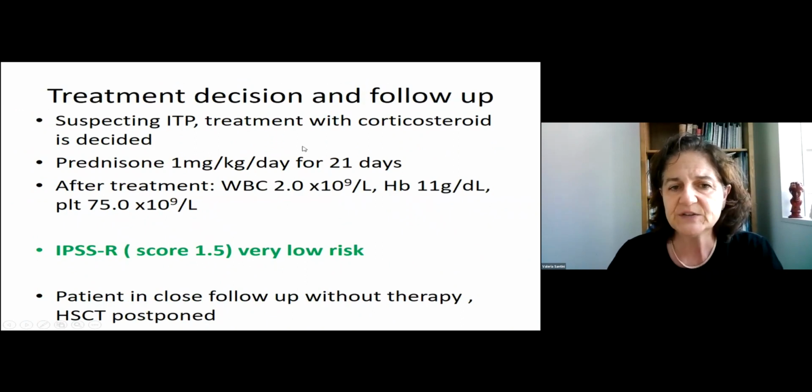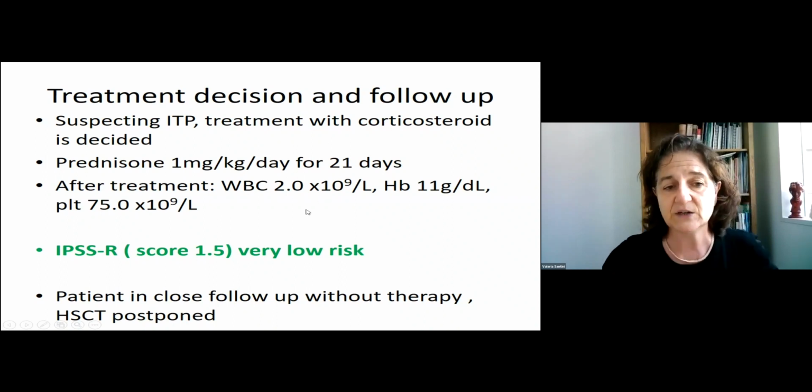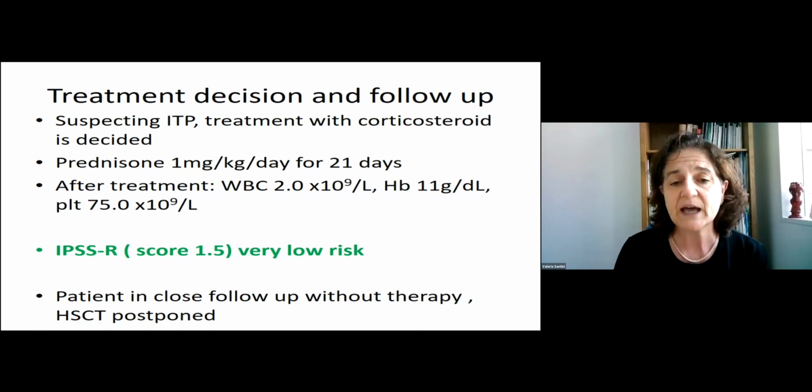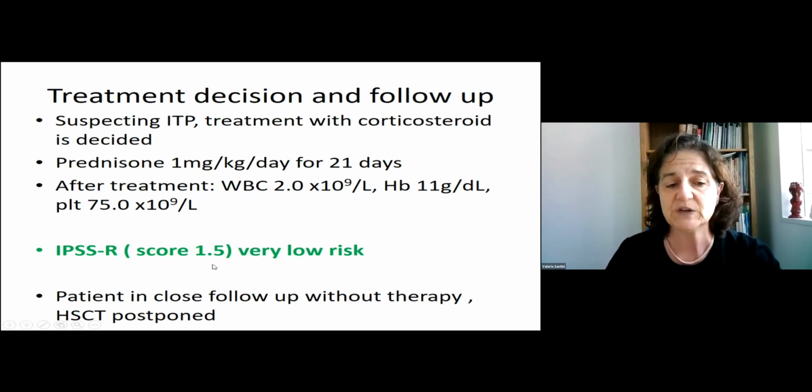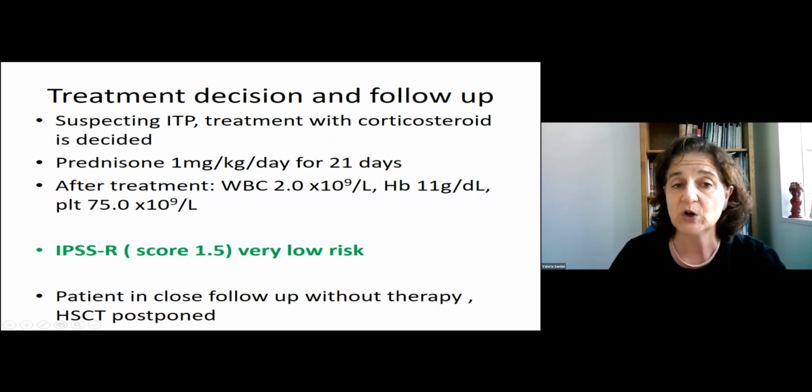Therefore, we treat her with corticosteroids, prednisone 1 milligram per kilogram per day for 3 weeks, like normal ITP, and we check counts after treatment, noting a significant increase in platelets and also in hemoglobin. Now, if you reevaluate the patient, the IPSS-R score is now very low risk. So the patient has been put in close follow-up, but transplant has been postponed.